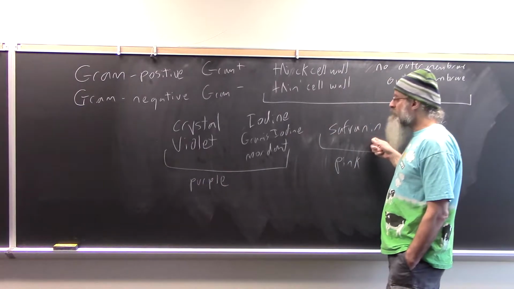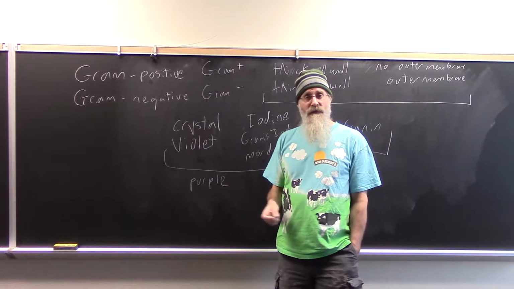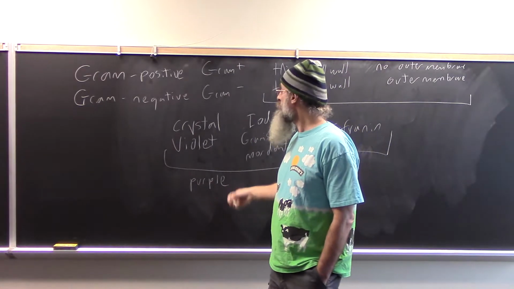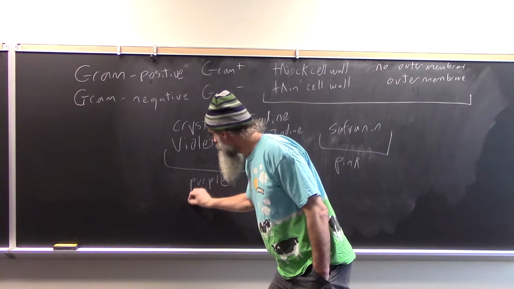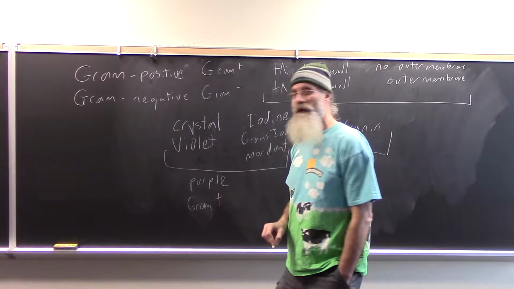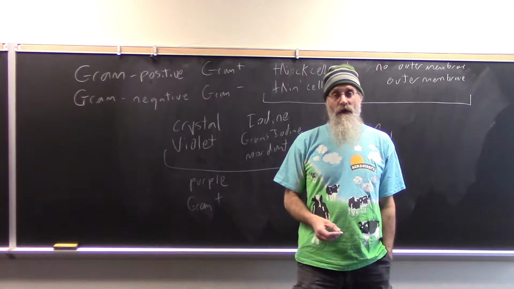When you add the safranin, it will not really change that color of purple. And so the cells will be purple, and therefore they will be gram-positive.